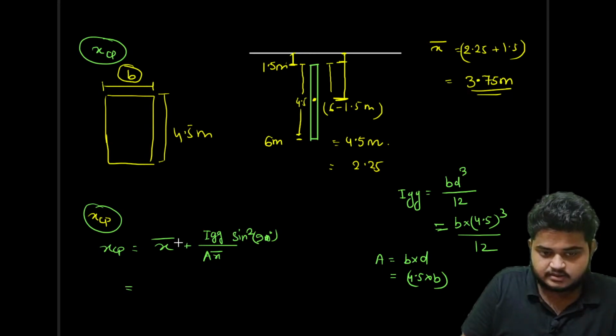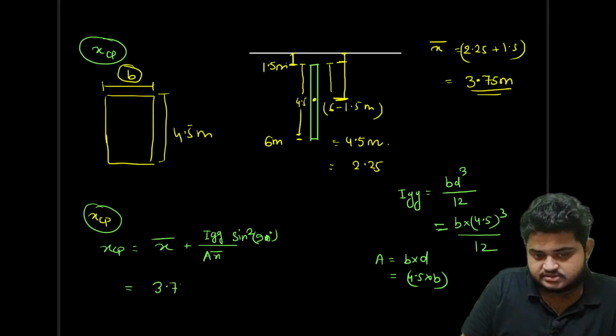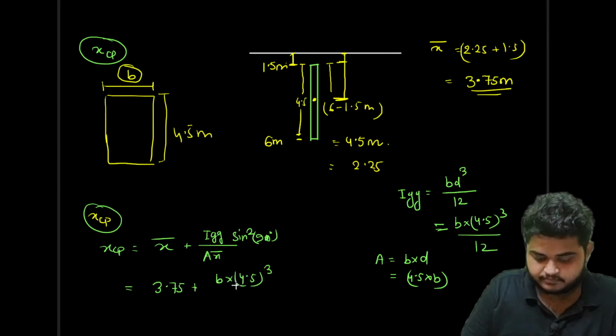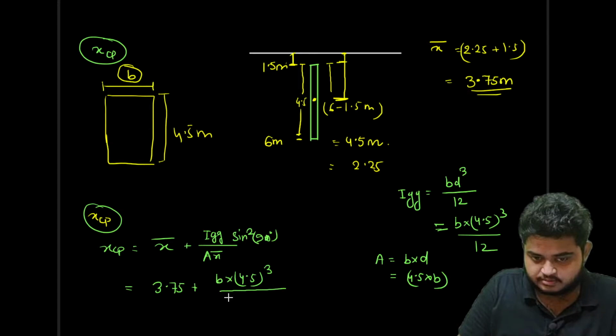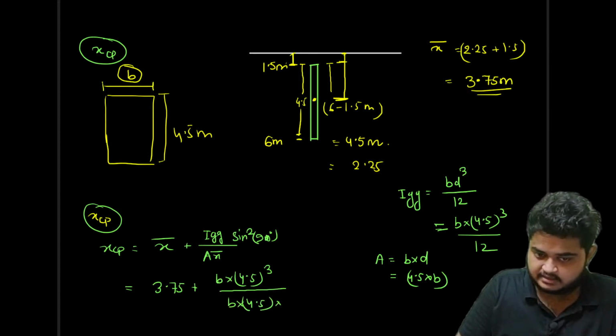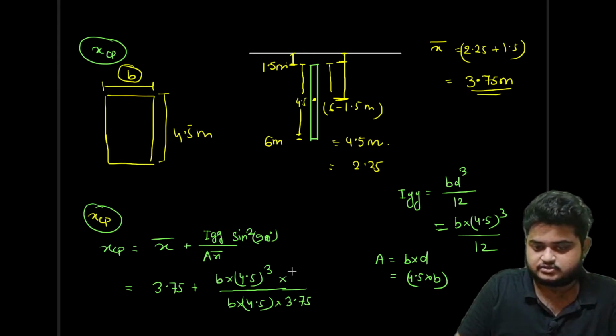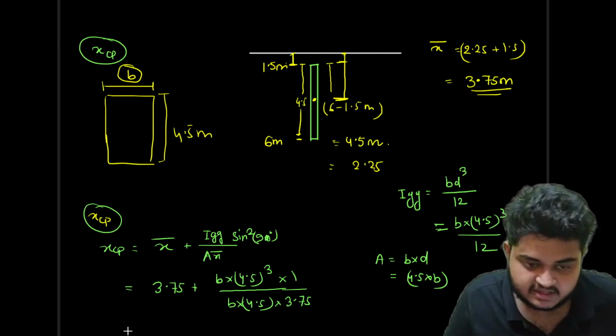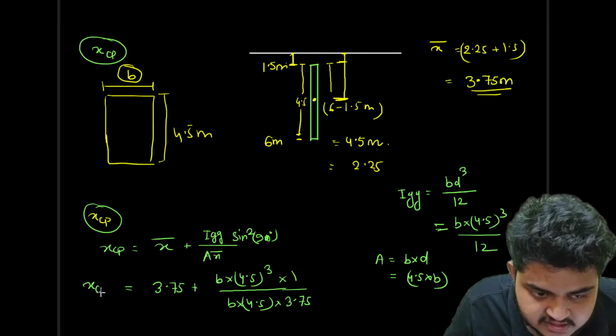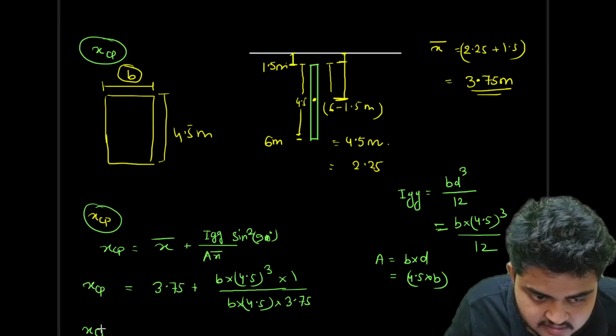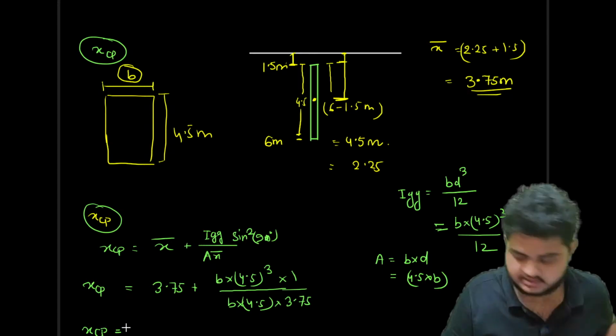Now x bar is 3.75 plus B into 4.5 whole cube upon B into 4.5 into 3.75, and sine 90 is 1.